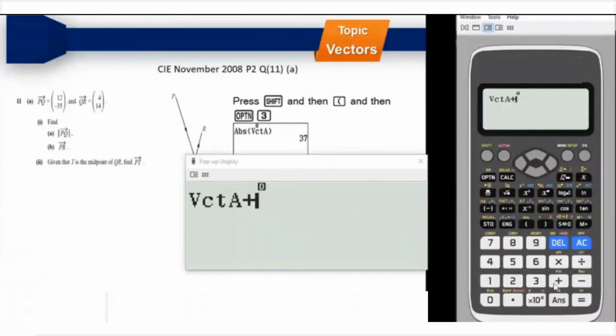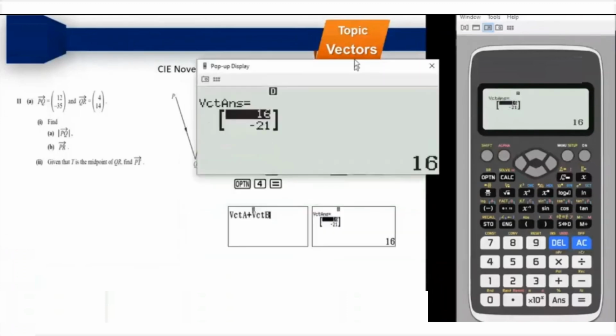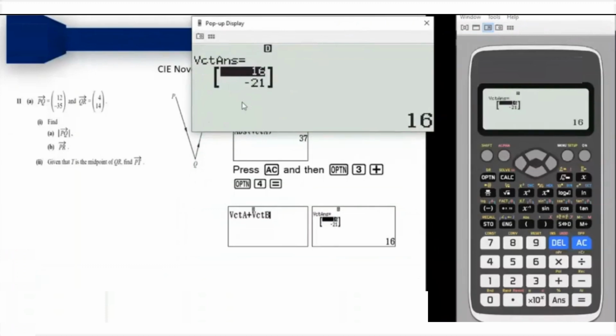So vector A, which is PQ, plus vector B, which is QR, the result is 16 and minus 21. You can see it on the pop-up screen. So the correct answer of vector PR is 16 and minus 21. I hope this is clear.